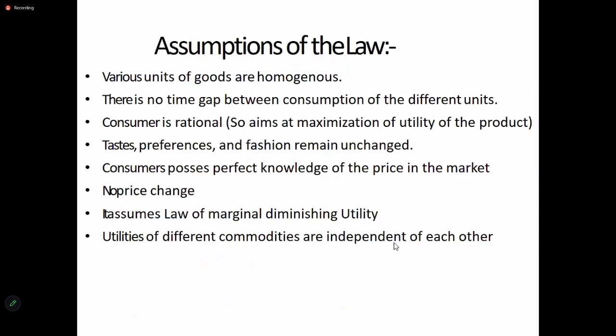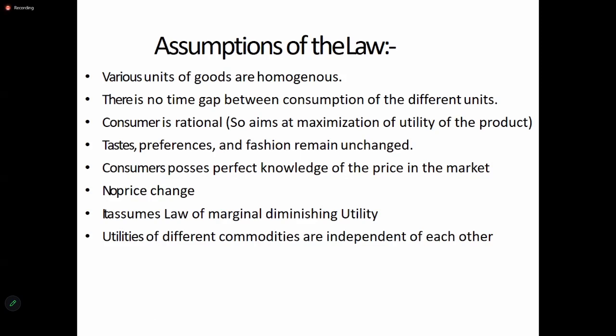It assumes the law of diminishing marginal utility: marginal utility is gradually decreasing. And utilities of different commodities are independent of each other. If it is not independent, it depends on other products' utility. Let's say you are eating ice cream and meantime you are taking toffees or chocolate. Then your utility may change.